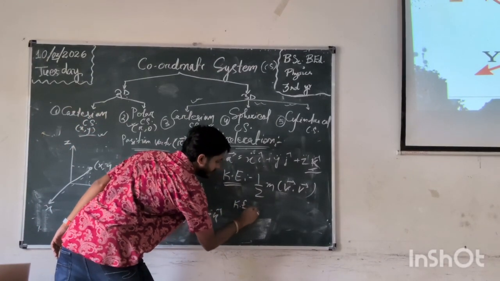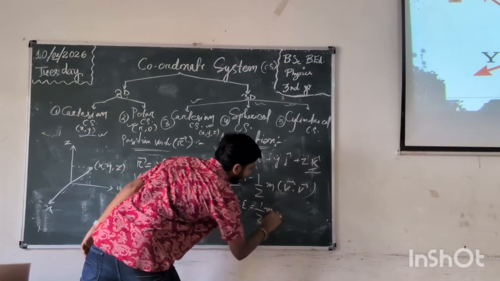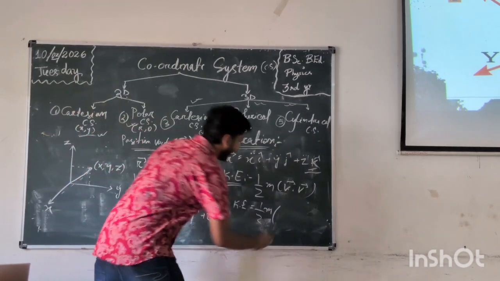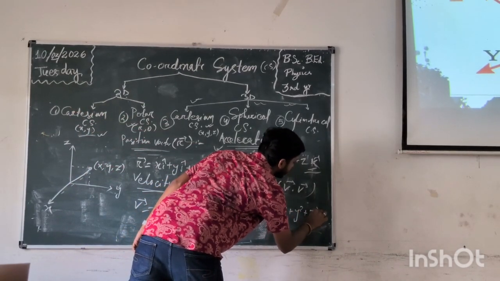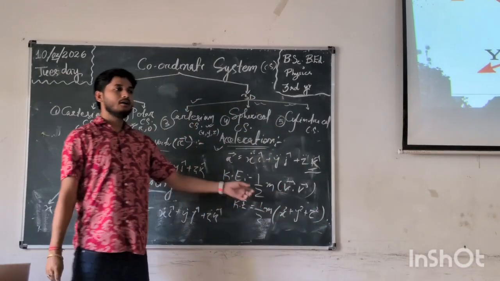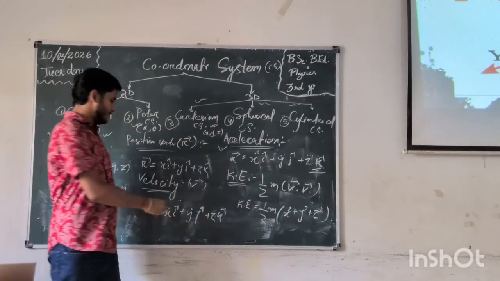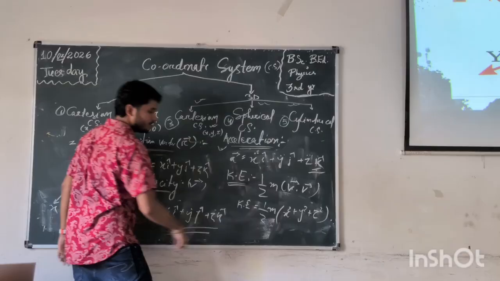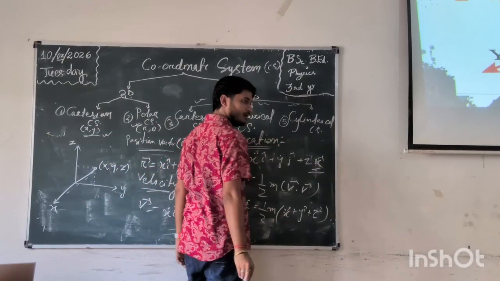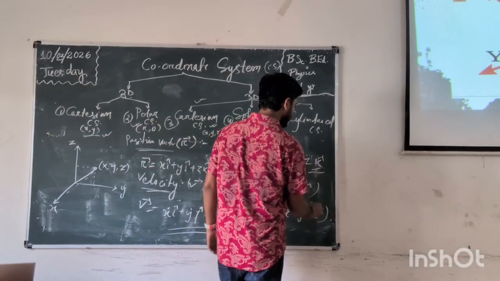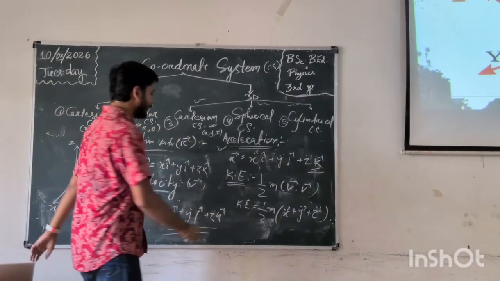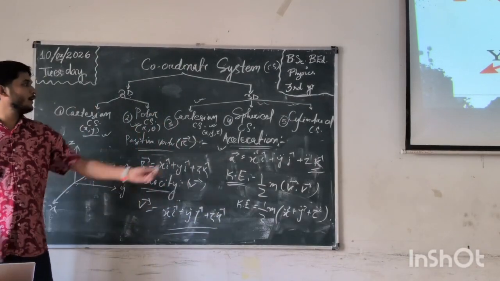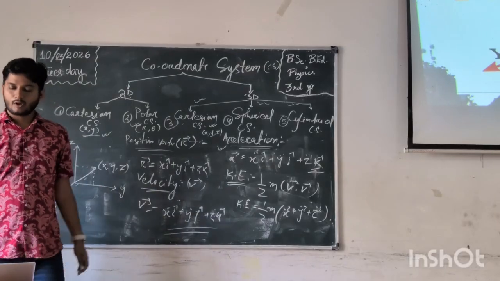So kinetic energy equals half m times x dot square plus y dot square plus z dot square. Is the dot there or not? Yes, because the velocity term has a dot, so x dot square, y dot square. Okay, so we got four expressions for our Cartesian coordinate system.